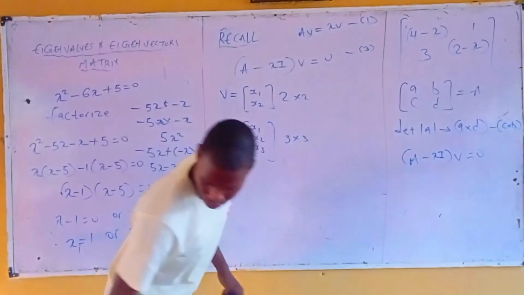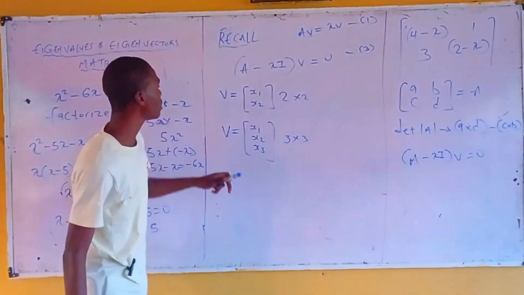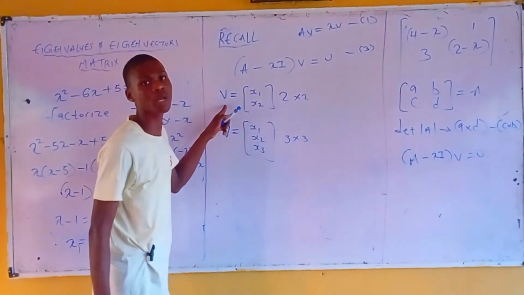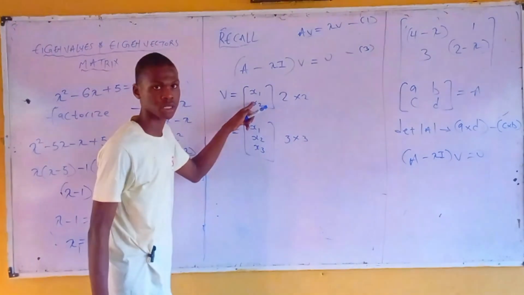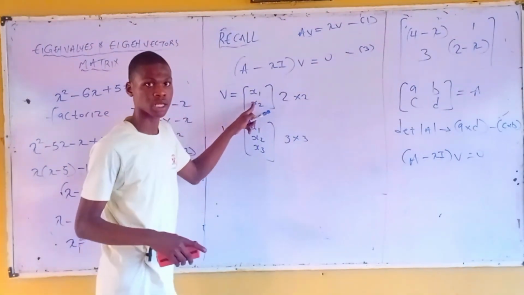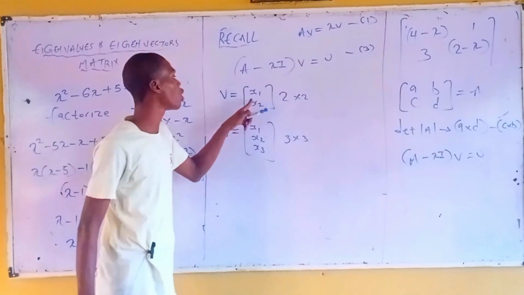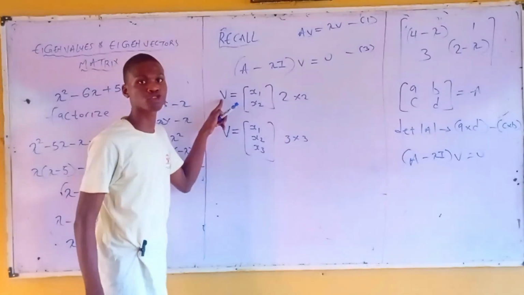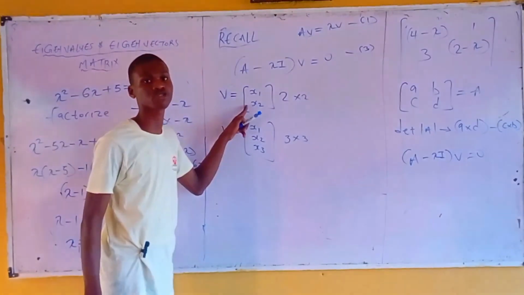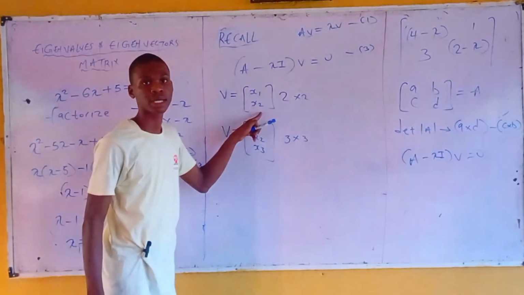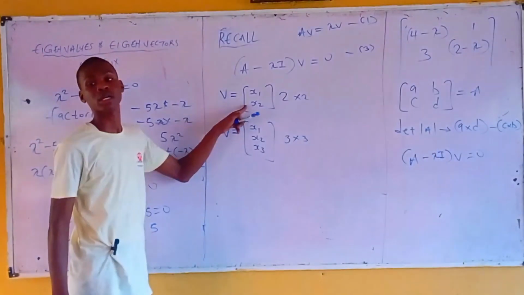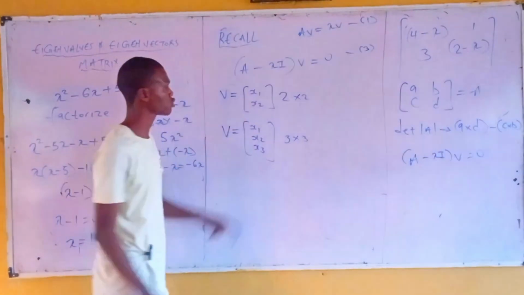So back to the question. Anywhere I see V, what will I substitute? This column matrix, because I've represented it. For a 2 by 2 matrix, let your eigenvector be the column matrix x1, x2. Now let's substitute.